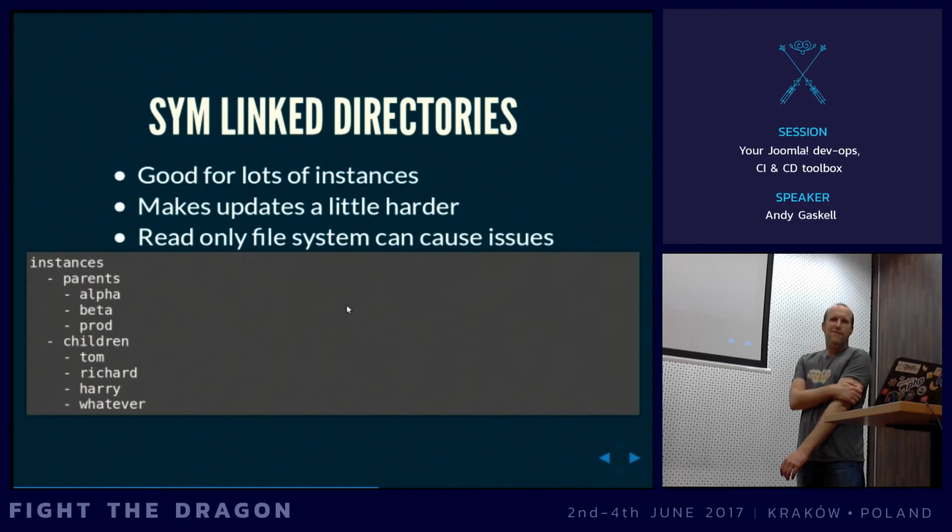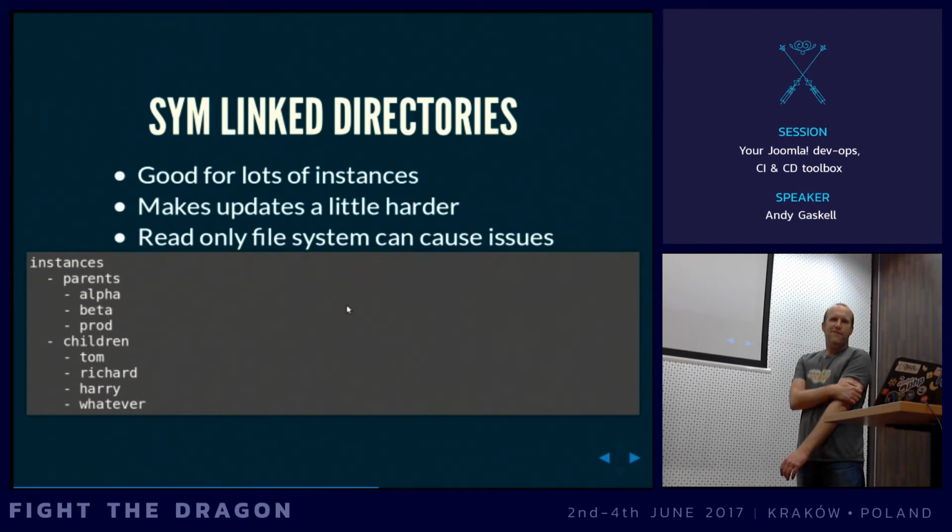So the idea is you could have many Joomla instances, but each Joomla instance would only contain basically an index file and a config file, and everything else is symbolically linked to a separate file set. So you can have a directory called parents, with different versions of your system site: alpha, beta, prod.